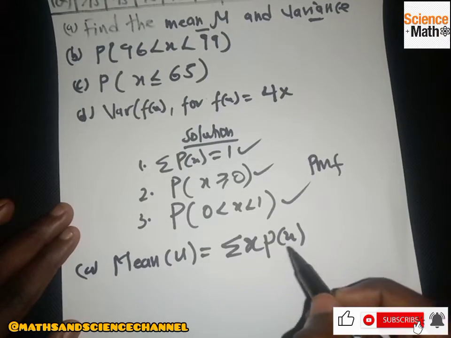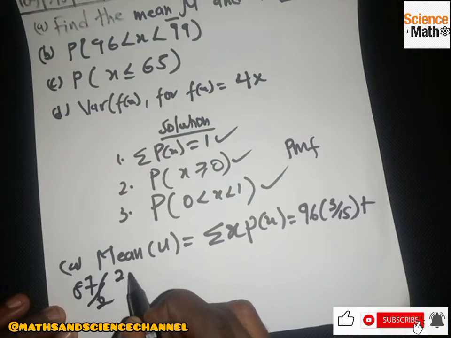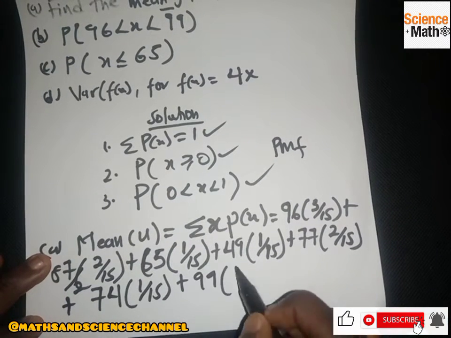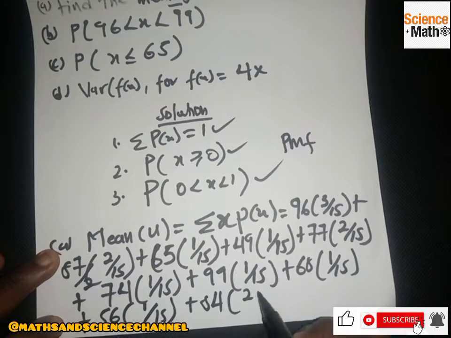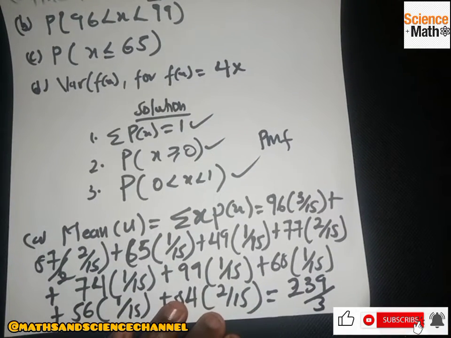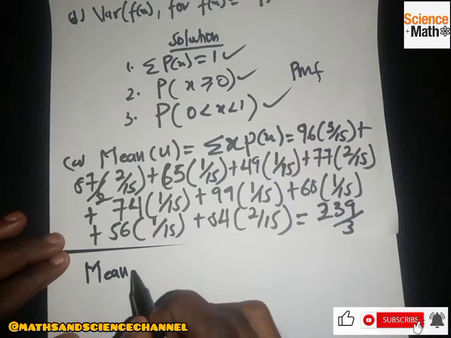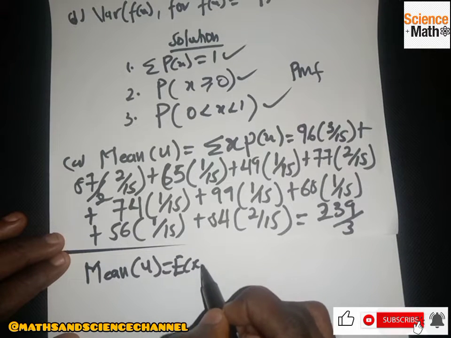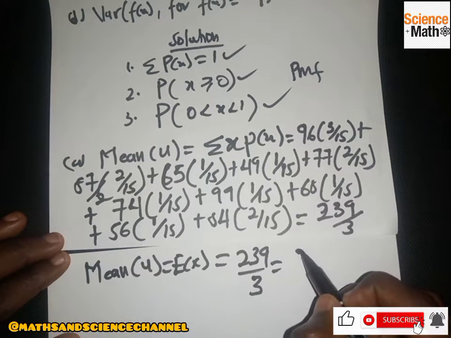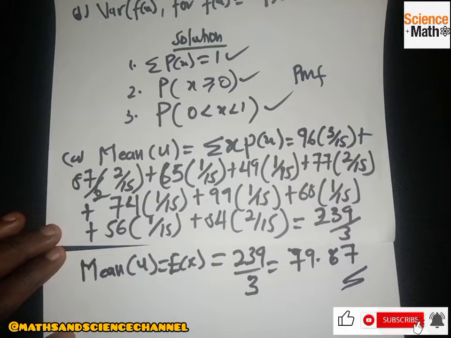In this case we have something like... over 3, which is basically equal to, so from here we have the mean, or just E of x, being equal to 239 divided by 3, which is just equal to 79.67 in this case. So that will be the mean.